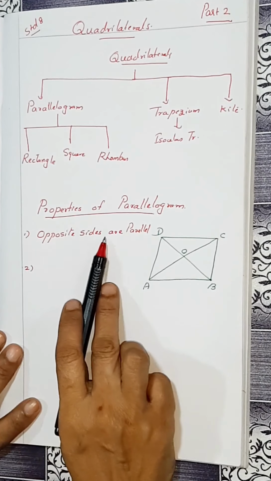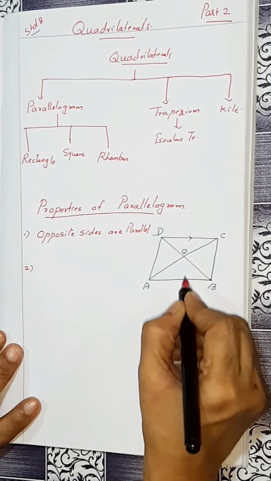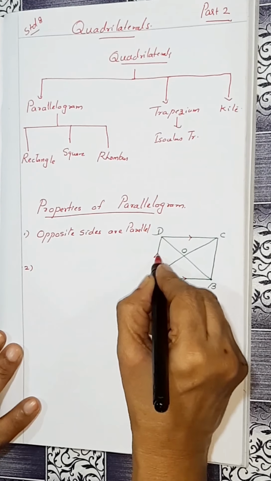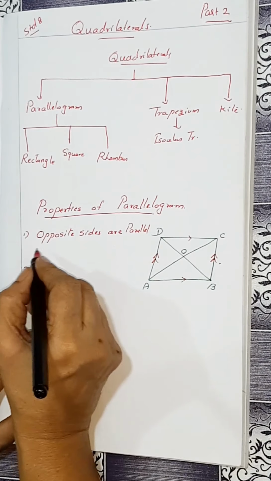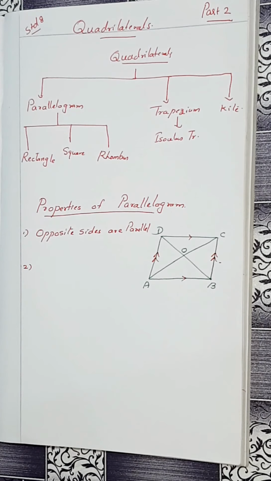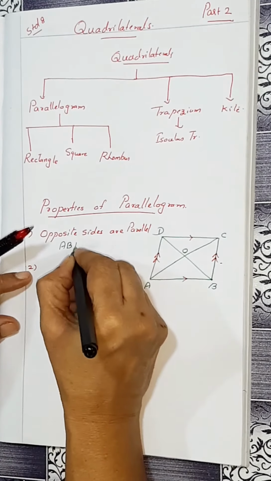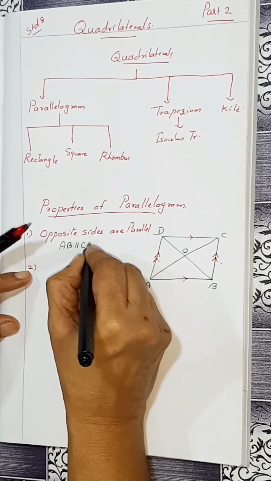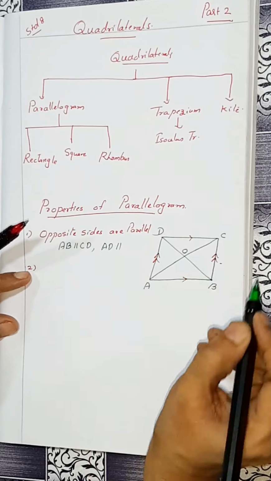So now the opposite sides are parallel. That means these two sides are parallel and these two sides are parallel. So you can say AB is parallel to CD and AD is parallel to BC.